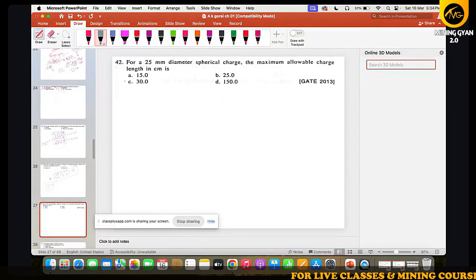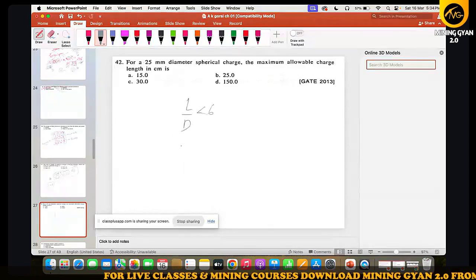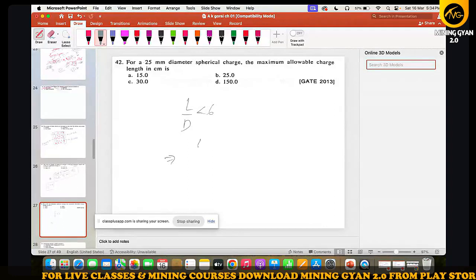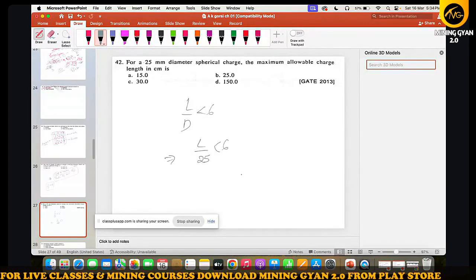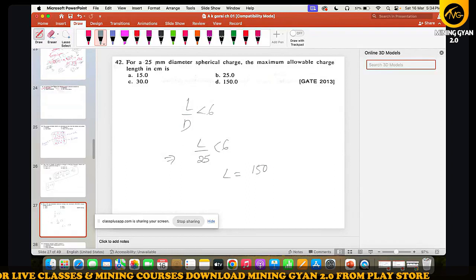So please solve this question. Here L by D should be less than 6. So L is given or not? L is not given, D is given as 25, should be less than 6. L should be 150. In which unit is the diameter? It will come in mm.